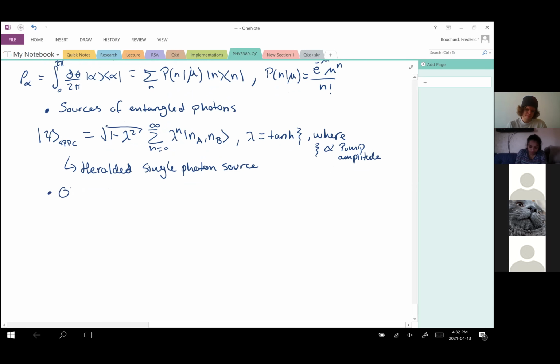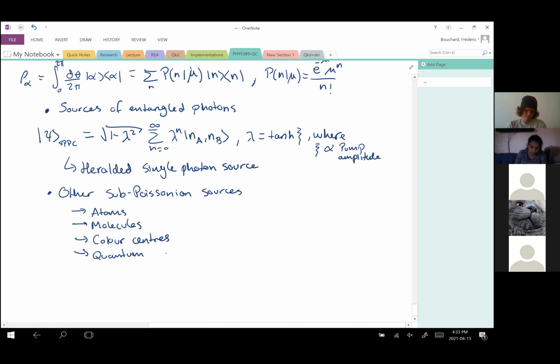And there are other types of sub-Poissonian source, and some of them have been tested in QKD experiments. So you can have atoms, molecules, color centers, so NV centers and diamonds or things like this, and also quantum dots.